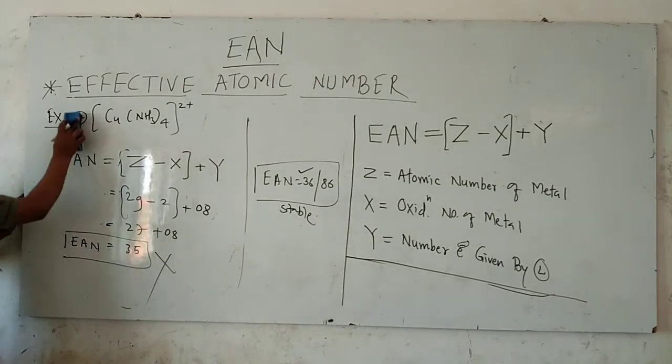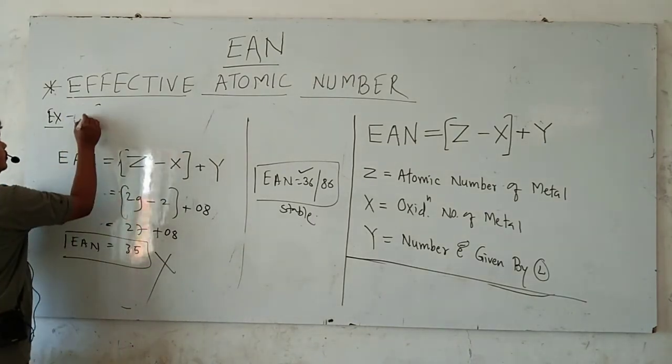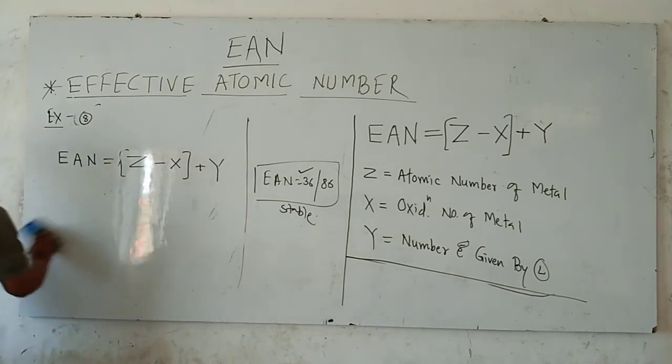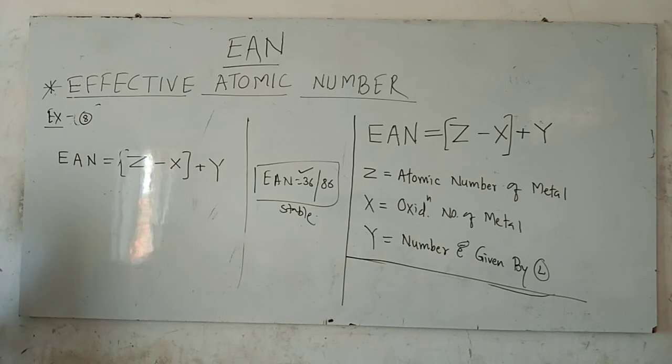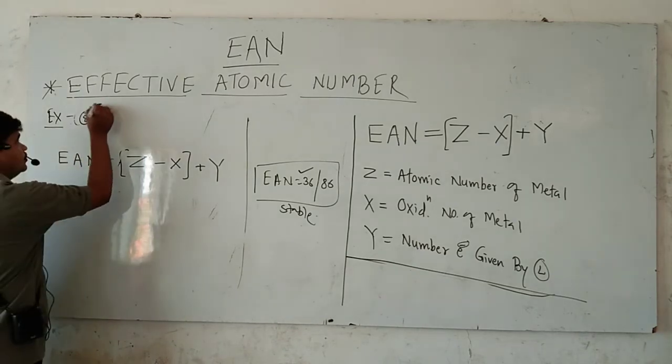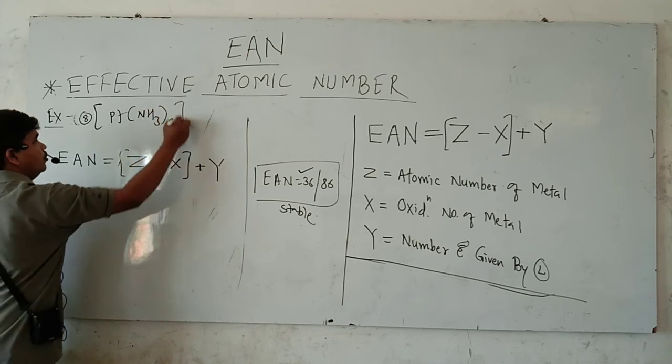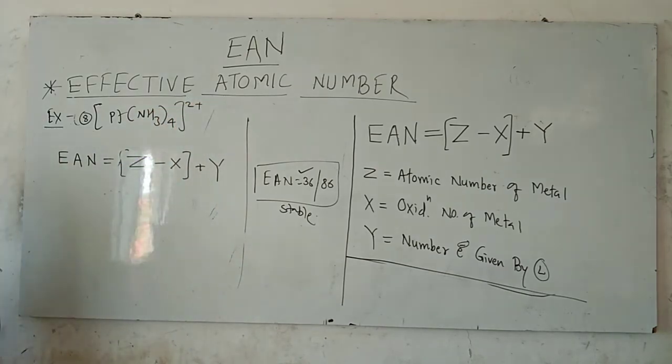Now one more example, last example, example number 8. Consider the complex [Pt(NH3)4]2+. Okay.